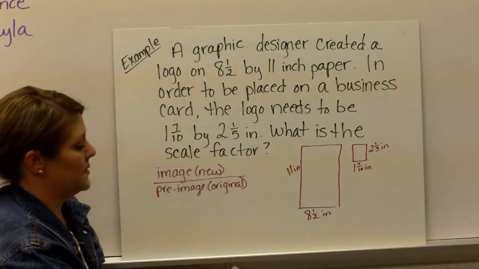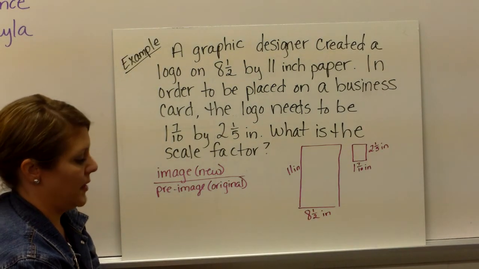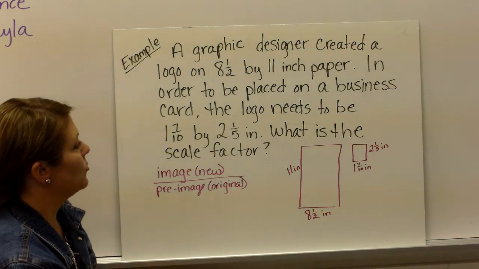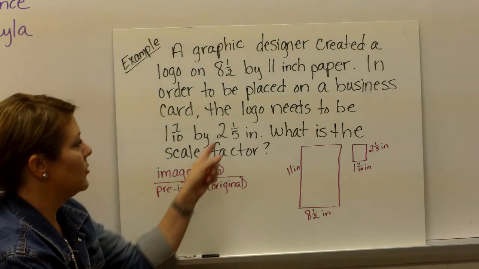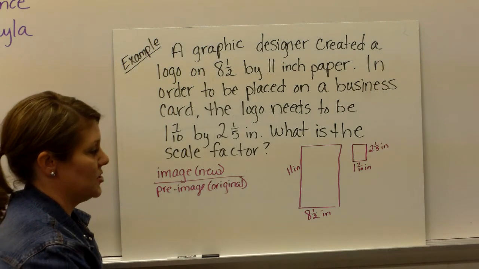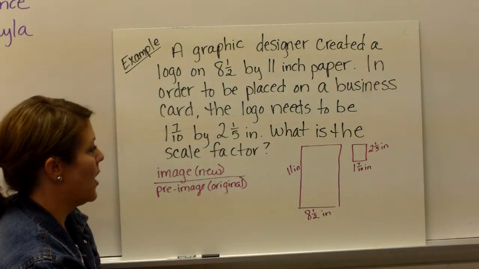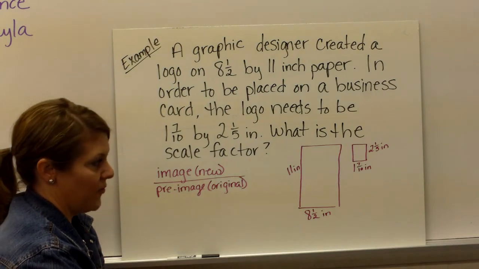We're going to look at one more example. A graphic designer created a logo on 8.5 by 11-inch paper. In order to be placed on a business card, the logo needs to be 1 7/10 by 2 1/5 inches. So I've kind of drawn those two situations here for you. We want to know what the scale factor is.